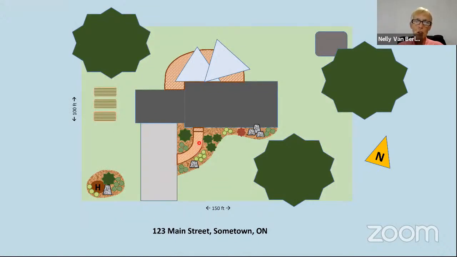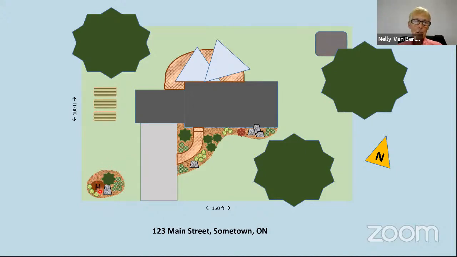So we've put a curving walkway in instead of the old angular one. We've extended the garden so we don't just have foundation planting. We put nice curving lines in, and we've repeated some of the plant material from the front gardens over to the new garden bed near the hydro pad.